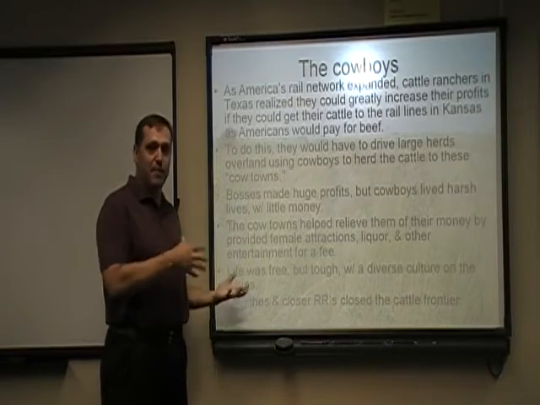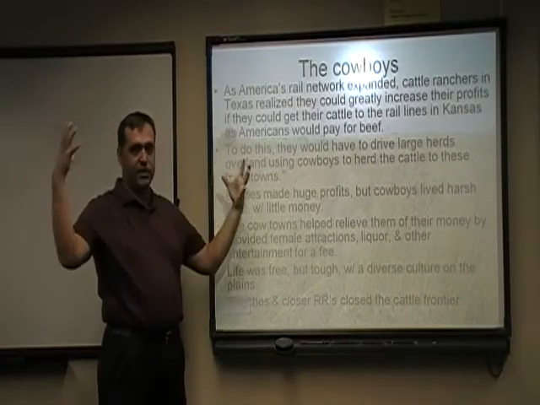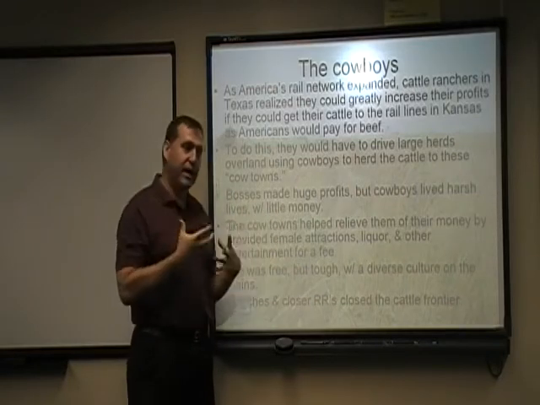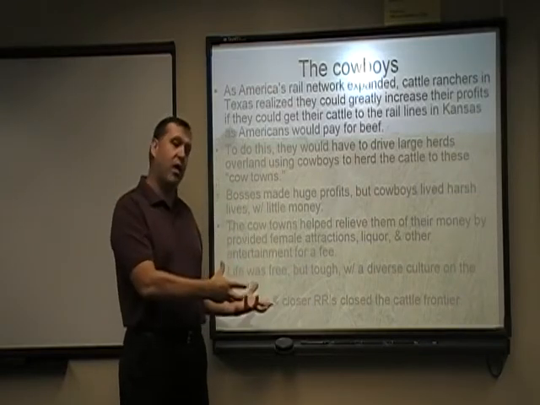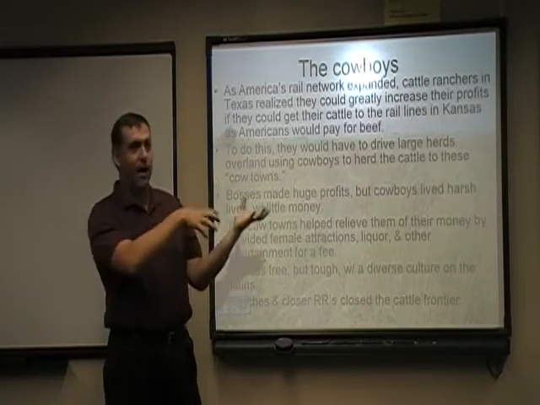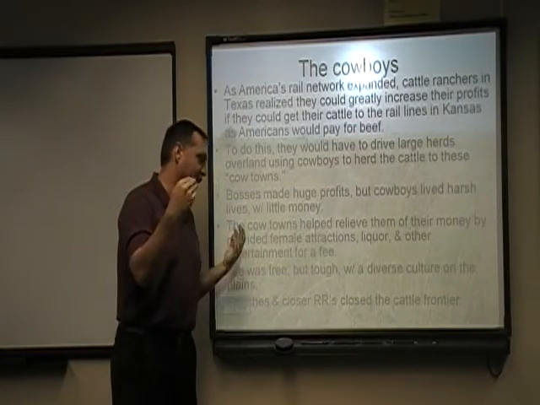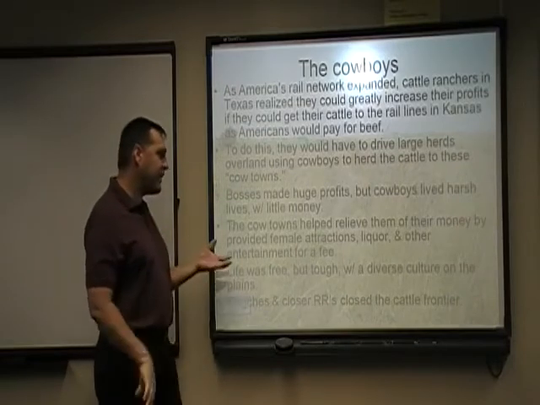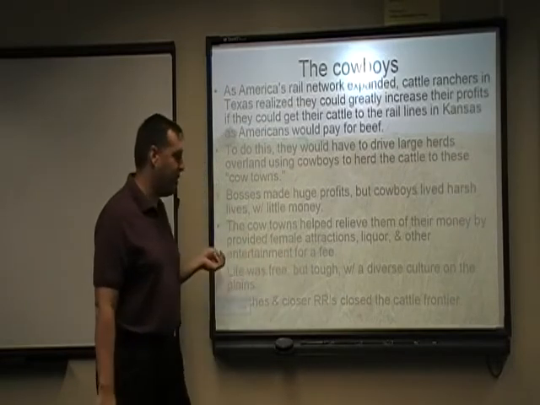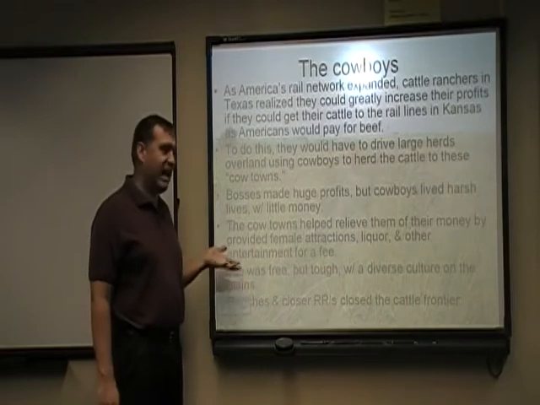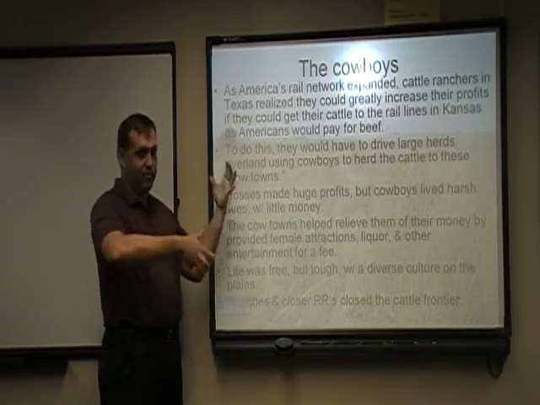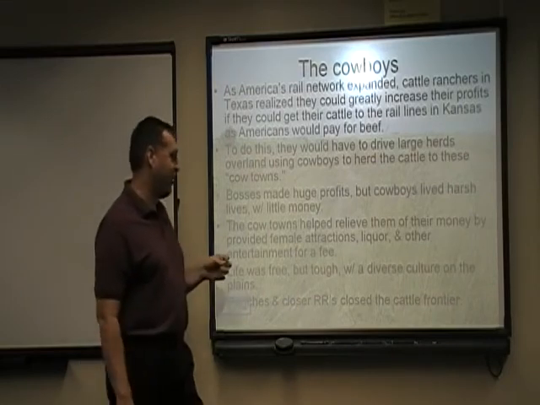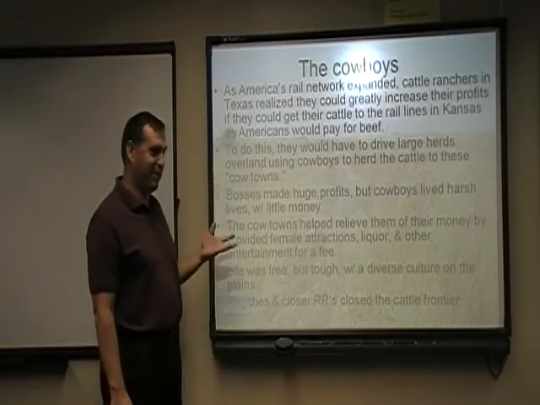And it becomes a better business model to have your own ranches, very large tracts of land where you raise your own cattle from your own stock and then transport it not nearly as far to the railroad heads that are in Texas. And basically, this is the model that a lot of the beef business uses today, which is you raise your own stock, you fatten it up, and then you sell it to people that are fairly easy to transport. So that way you don't have to go hundreds of miles overland through the wilderness.